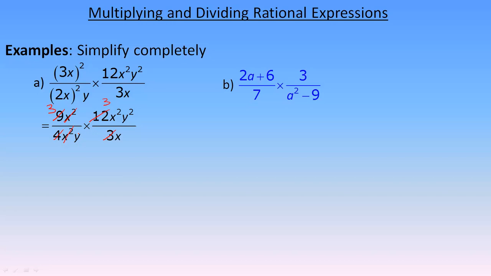I could divide this y into this y squared, leaving just a y here. And I could divide this x into this x squared, just leaving x. I'll scratch the exponent. What have I got left here? So I have 3 times 3 is 9, and then this x and this y.